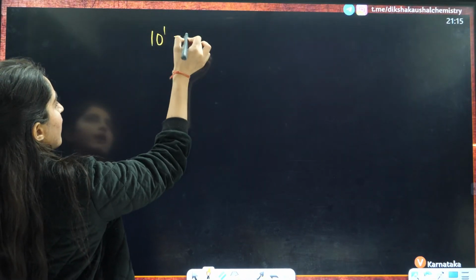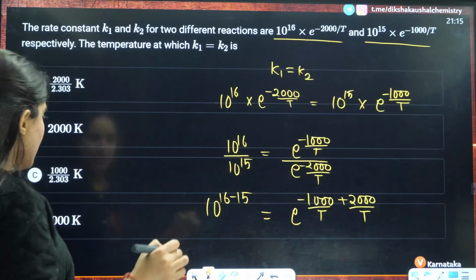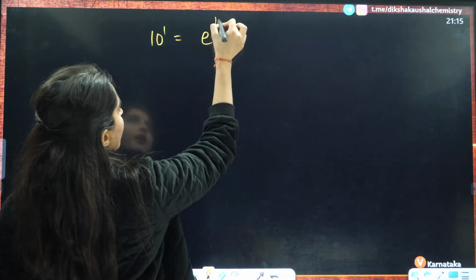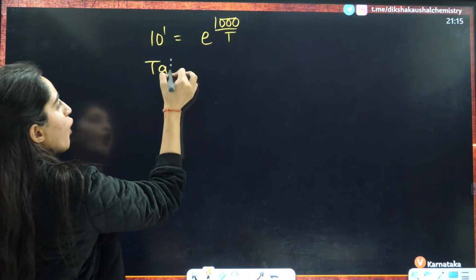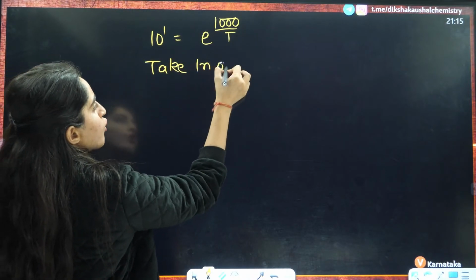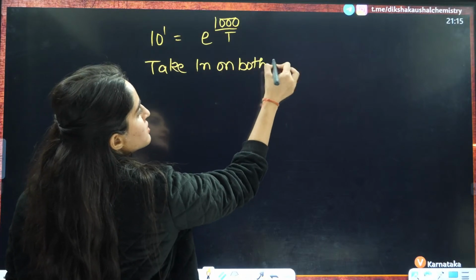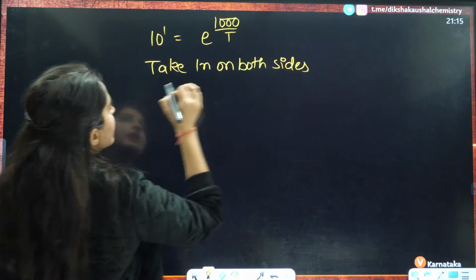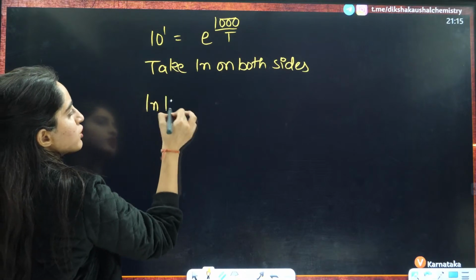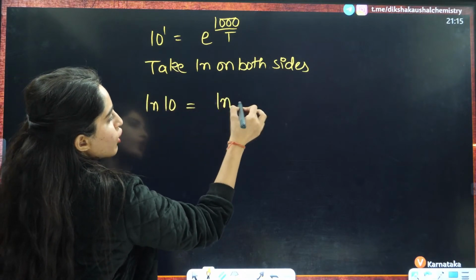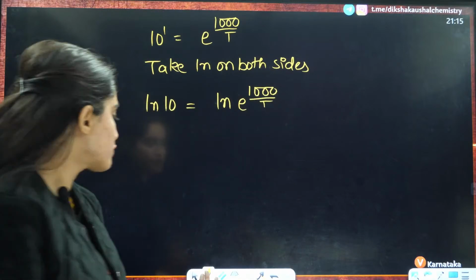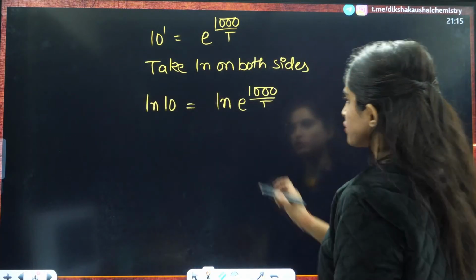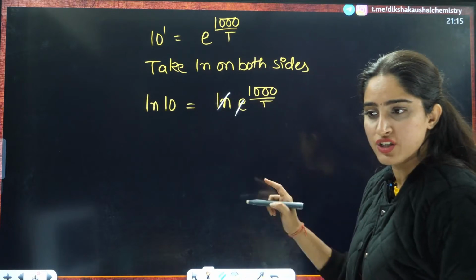10 raised to power 1 equals e raised to power 1000 divided by T. You can take the log on both sides. It will become natural log 10 equals natural log of e raised to power 1000 by T. Now see, natural log and e are opposite of each other, so they will cancel out, right?